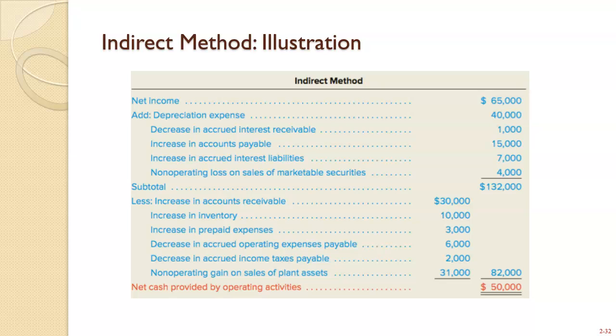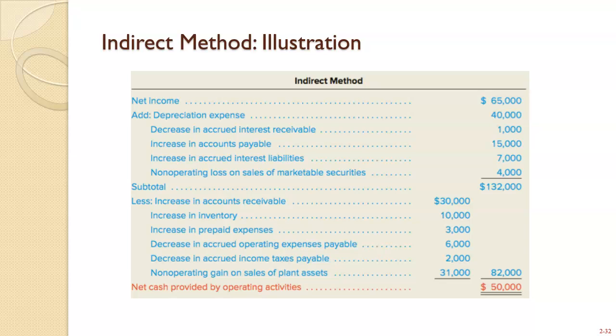You're just reporting the unrealized portion of that gain or loss. No cash has been involved, but you're still reporting that non-operating gain or loss. So going back, when I say non-cash items, does that make sense now?